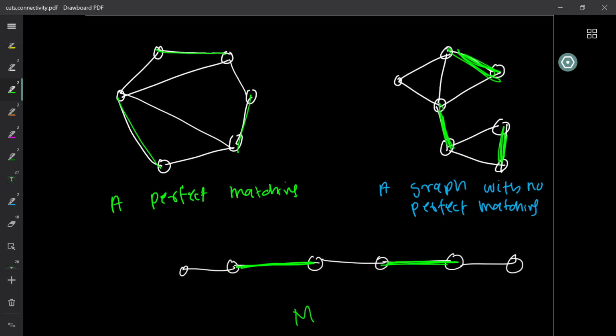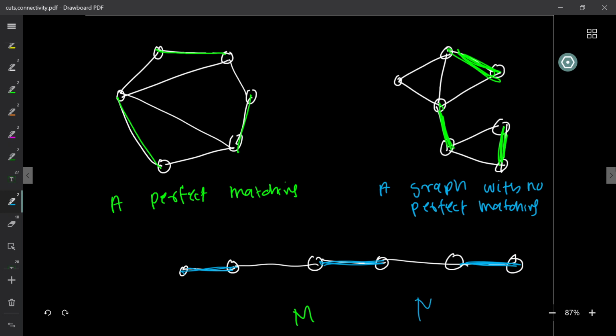So if you are looking at the maximum matching in this graph, this is not a maximum matching. It's a maximal matching, but it is not maximum. Why is that? For example, instead of picking this, I could have picked this and this.